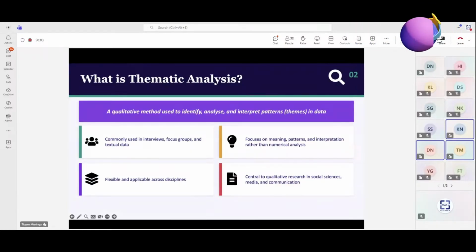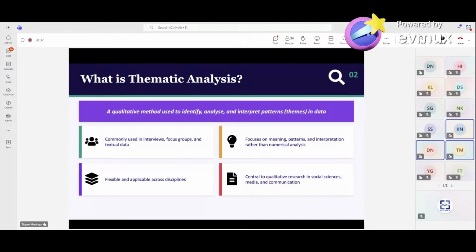So we're saying thematic analysis is commonly used in interviews, focus groups, and textual data, and it's flexible and applicable across many disciplines, right? You can use it in content analysis, interviews, focus groups, textual analysis, or mixed methods studies.